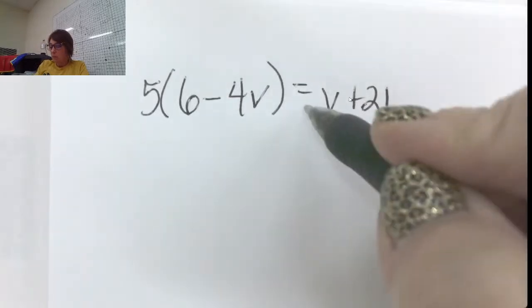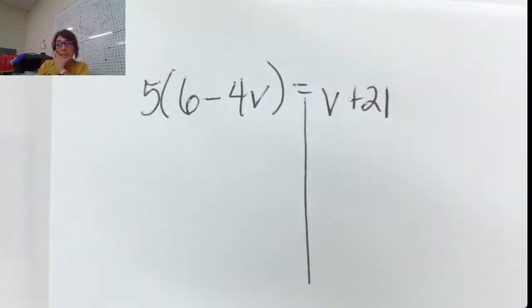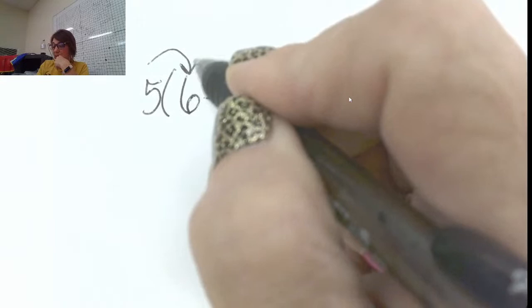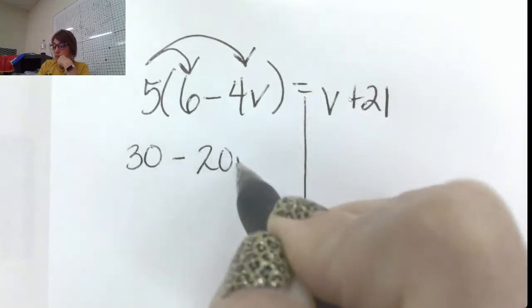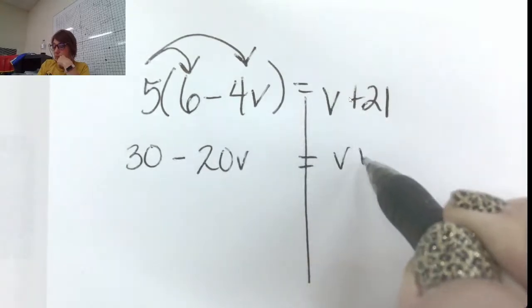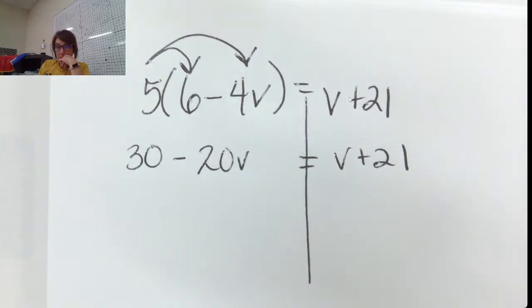Okay. What do you need to do first? Multiply, right? So we're going to multiply 5 times 6. 5 times negative 4. Now what? Right.